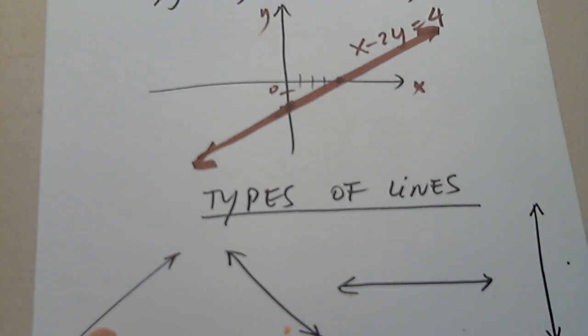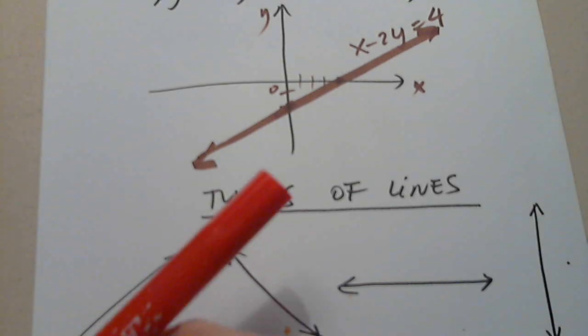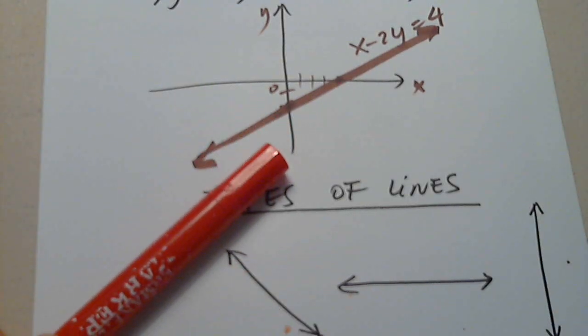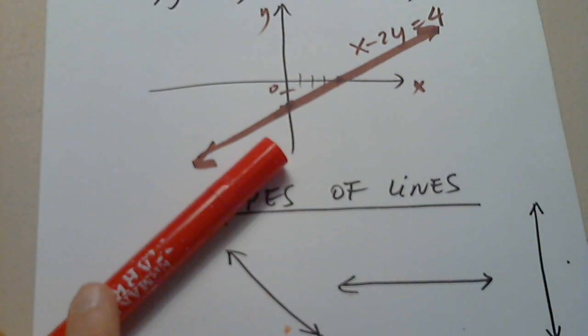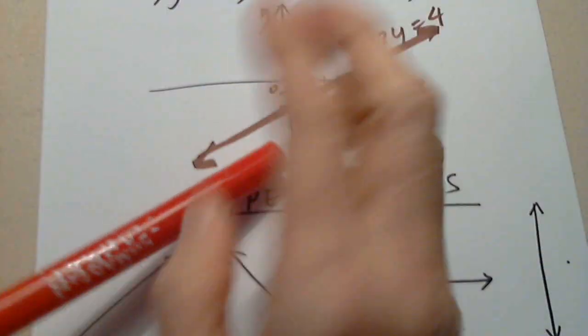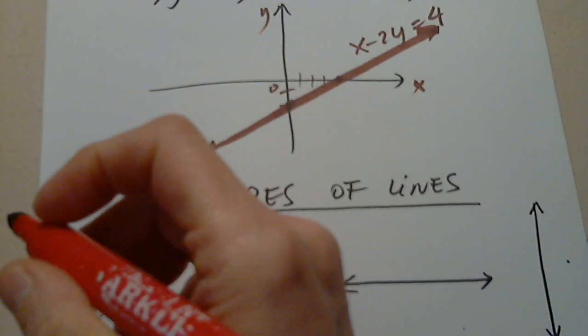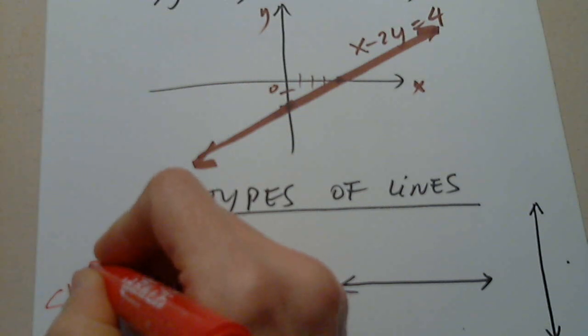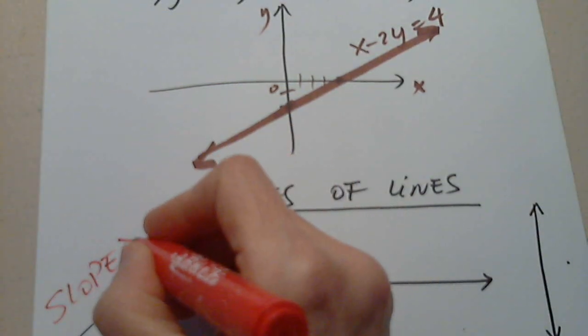The first one, as you see, it increases. It goes from left to right. This one has a slope, I'll explain the slope in a minute, that is positive.